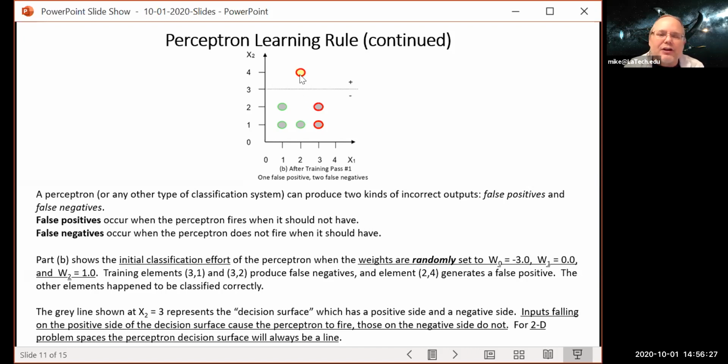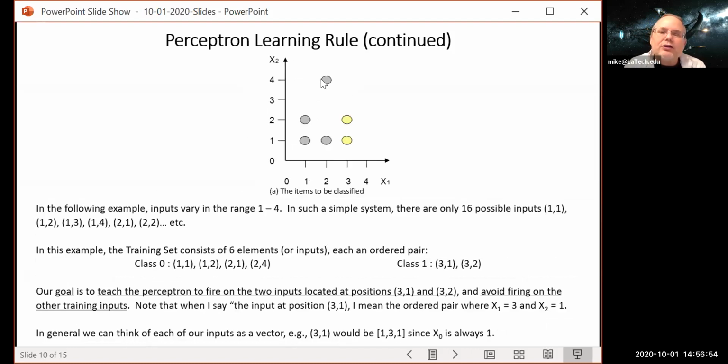It fired on this guy when it should not have. So this guy at (2, 4) is a false positive. The perceptron is positive that it's a member of the fire-on-this set. But it's a false positive because in reality, it should not have fired on that guy.